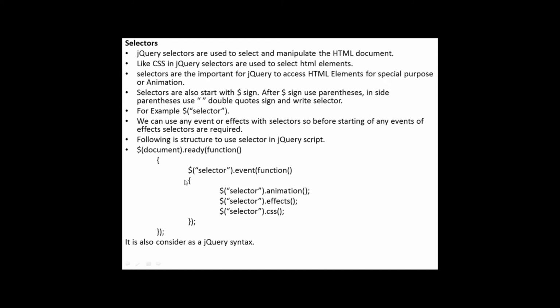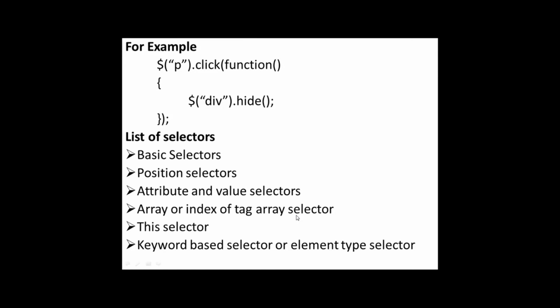So this is called my event block, and inside that event block I have used selectors again for animation, effects and CSS. This is the example for a click event, and when the user clicks on a particular selector, it will give one effect on a particular selector. Here p is my selector, meaning the paragraph tag is the selector.